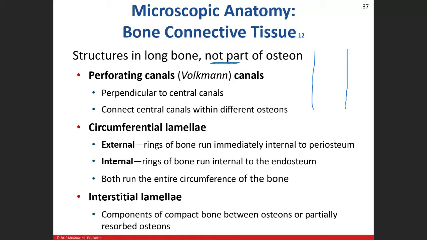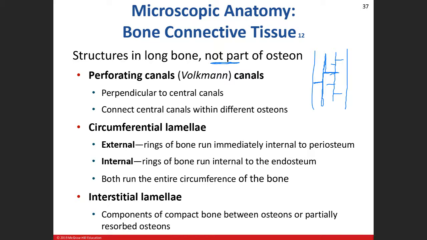If the osteons run parallel to it, the central canals run parallel to it. Well, the perforating canals go perpendicular, so they communicate sideways. So the central canals go up and down. The perpendicular canals, or the Volkmann canals, go side to side. So you're making this huge network of spaces throughout.